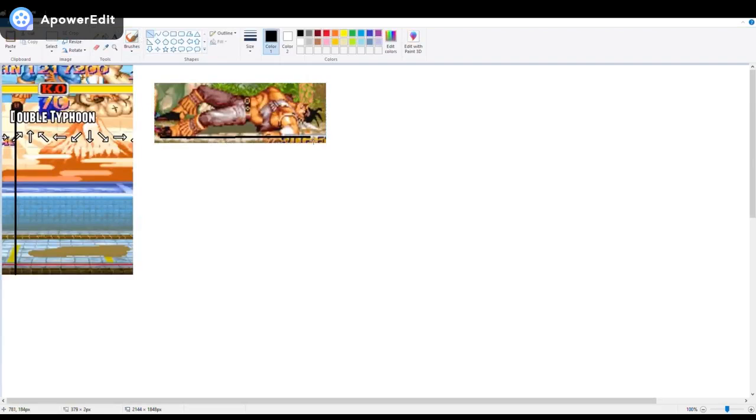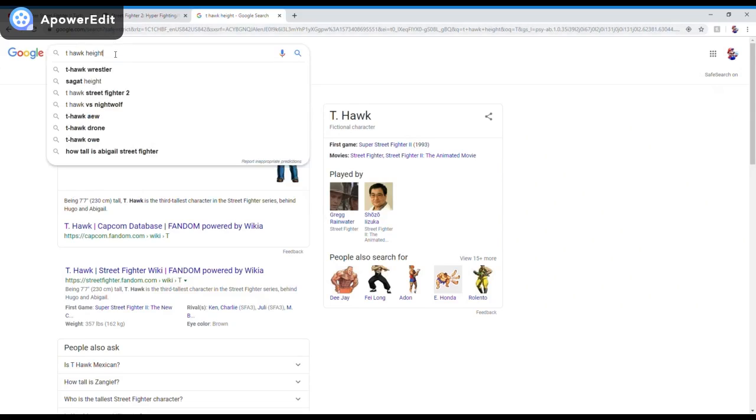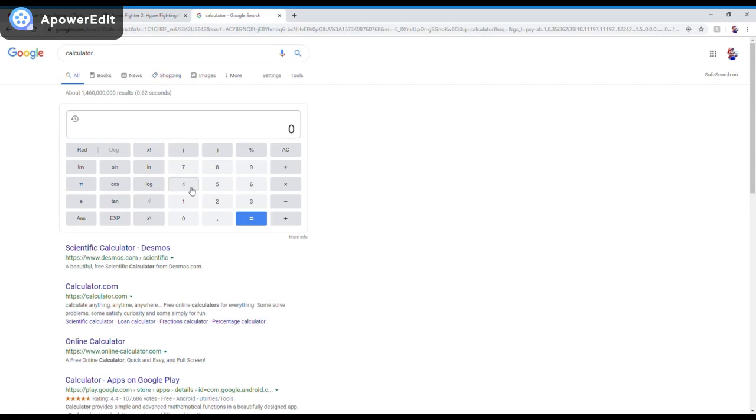Okay, and now on to T-Hawk. His height in pixels is 385, and then we can also take the measurement of how high he jumps. He can jump very, very high up, and that's 420 pixels. Now we check his height, 7'7", that's 91 inches in height.